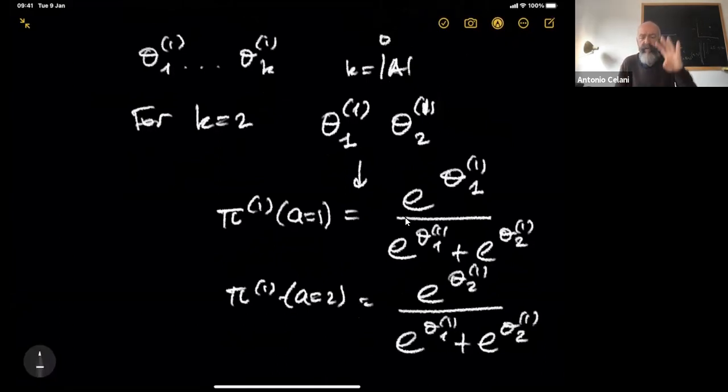So in this case, you have 4 parameters, 2 for the first agent, 2 for the second agent, and these 2 parameters give you the probabilities of taking action 1 and action 2.